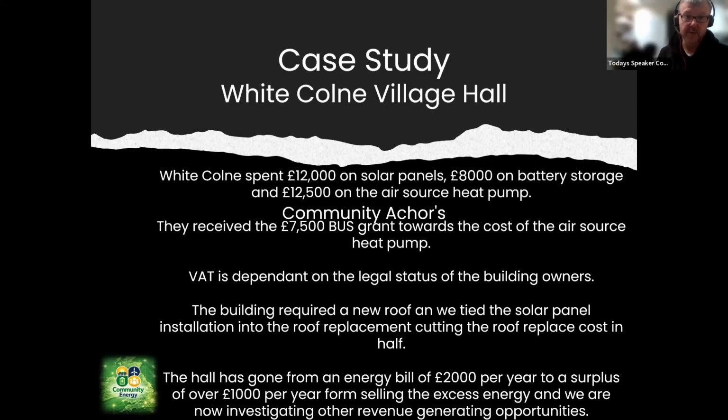That is payable depending on who owns the building. So if the building is owned by a charity, then there is no VAT payable upon the installation. Obviously, if it's owned by another organisation, then VAT is potentially chargeable, but hopefully you would be able to claim the VAT back.